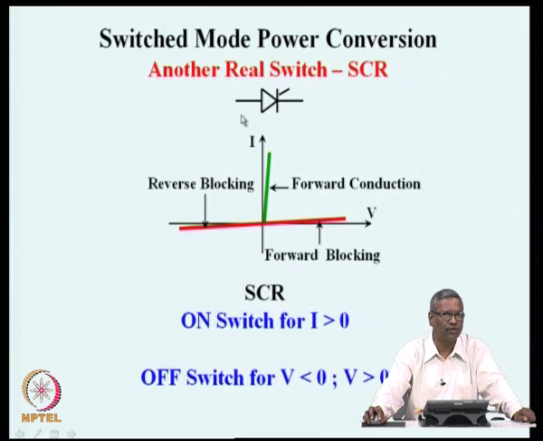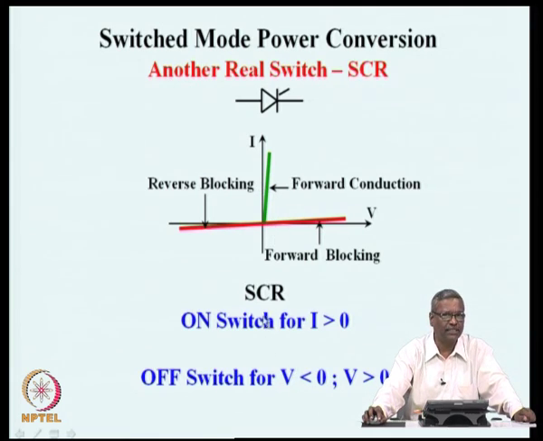Current in this can only flow in one direction from the anode to the cathode, which is the positive current. There is no characteristic corresponding to negative current. So, the positive current section has a very low voltage drop. This section of the characteristic is when the operating point is very close to the current axis and with very small voltage drop.